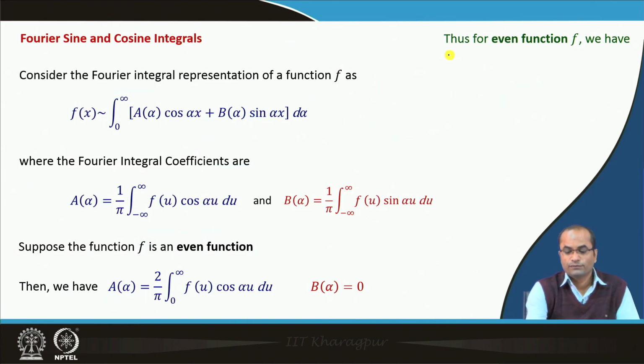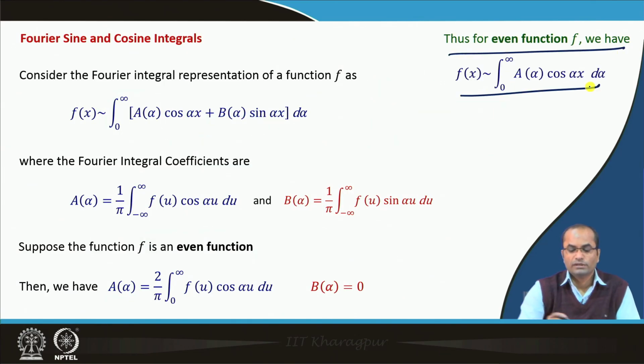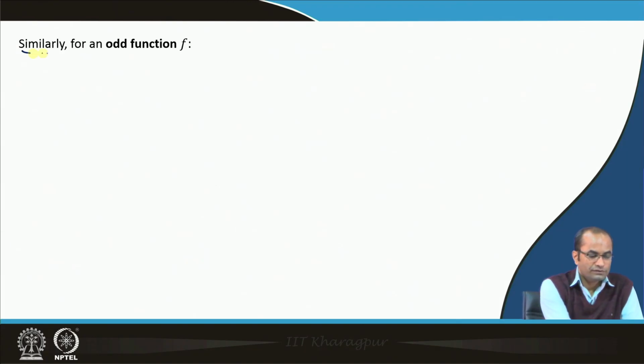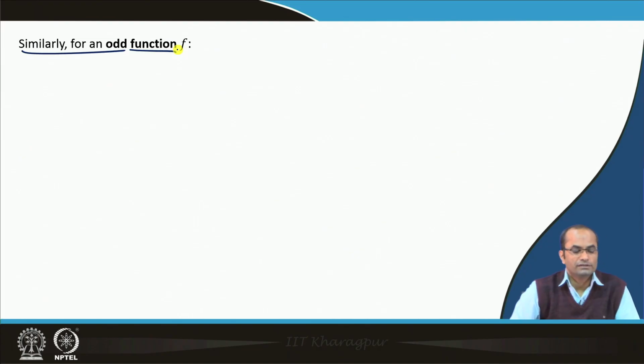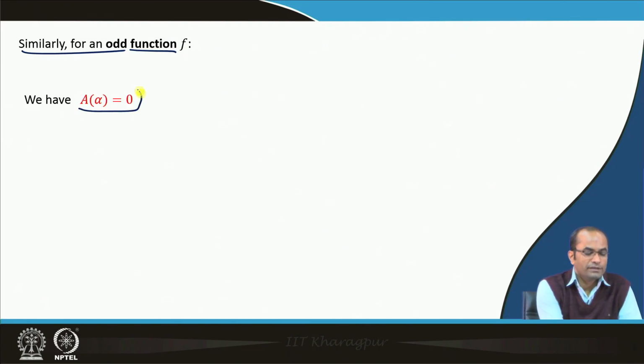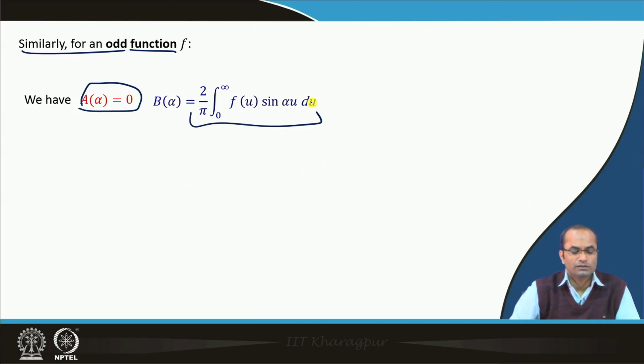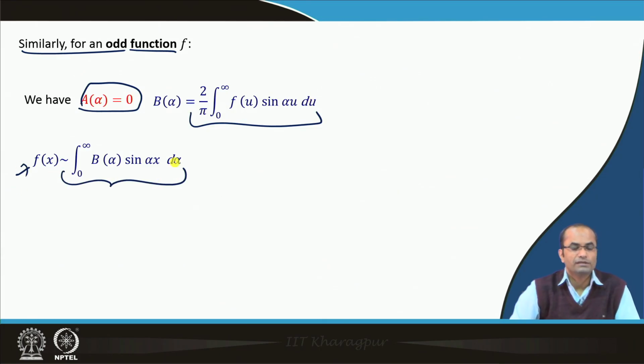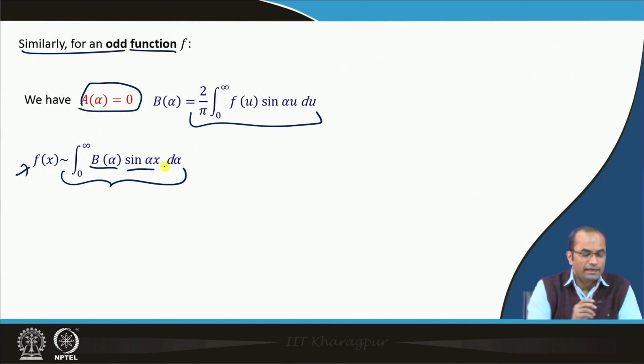Thus for an even function we have this Fourier integral representation, and similarly when we have an odd function f, then a(alpha) will become 0 and b(alpha) will be computed by 2 over pi times the integral from 0 to infinity of f(u) sin alpha u du, and its Fourier representation will take the simplified form of b(alpha) sin alpha x d alpha.